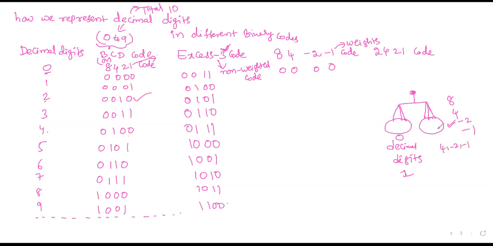If you keep 4 minus 2 minus 1, it is equal to 1. Wherever the weights are there, keep 1. So 4 is 1, minus 2 is 1, minus 1 is 1. 8 you are not placing, so 0. Whatever weights you are placing on the right side, keep 1. If the weight is not appearing on the right side, keep 0. So now 2. What is the equivalent of 2? Which weights do you need to keep?